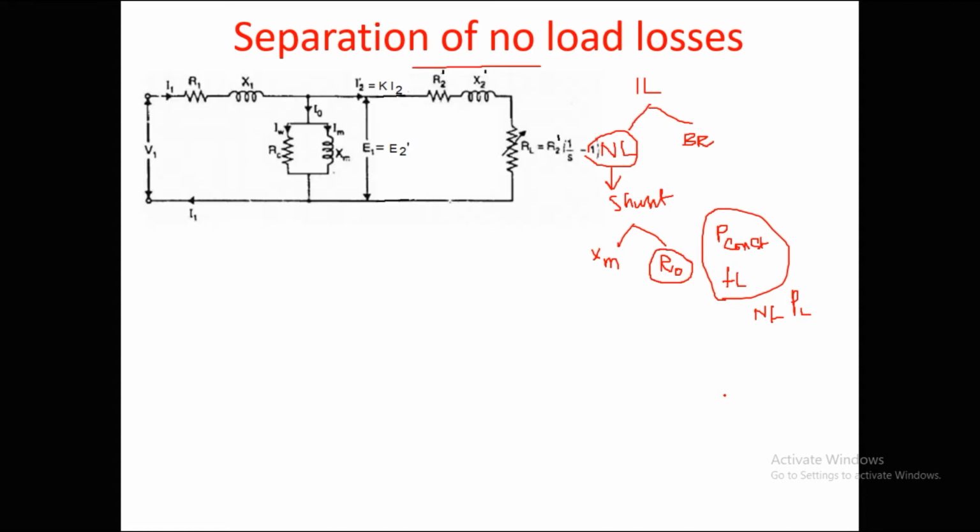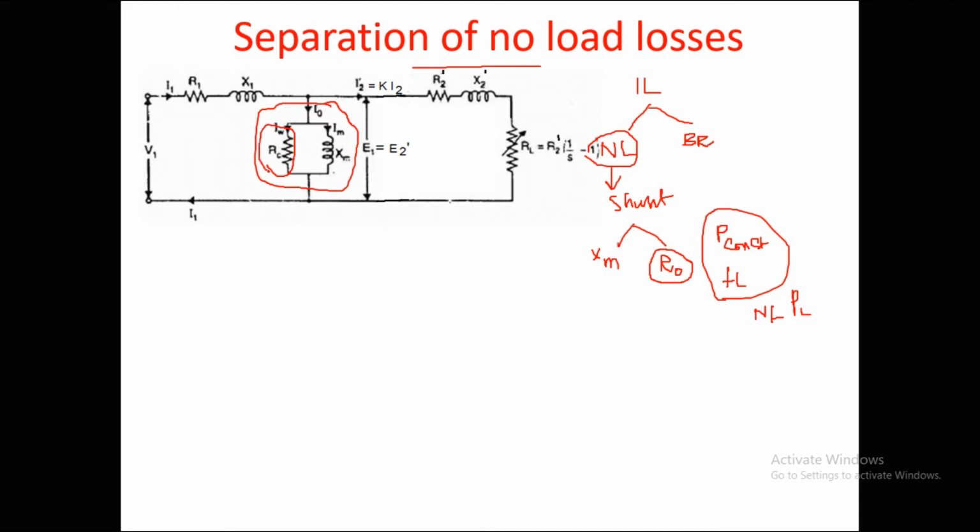This is the equivalent circuit we have been discussing throughout this chapter, and with the help of the no-load test we can find all these parameters. This is the shunt branch, and this is the loss component.